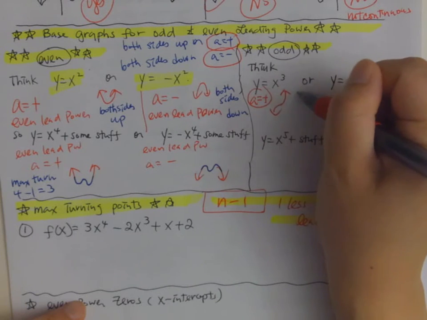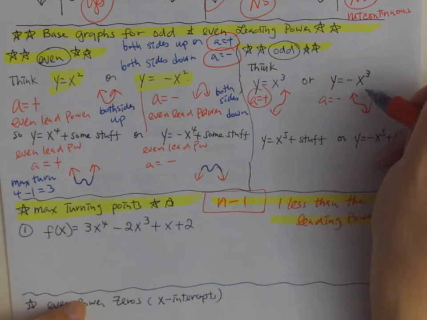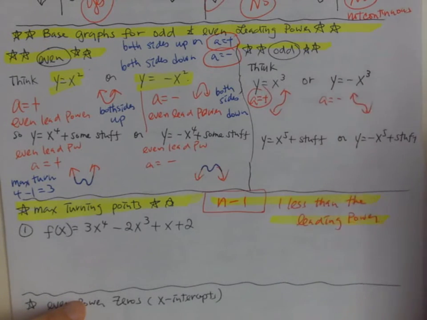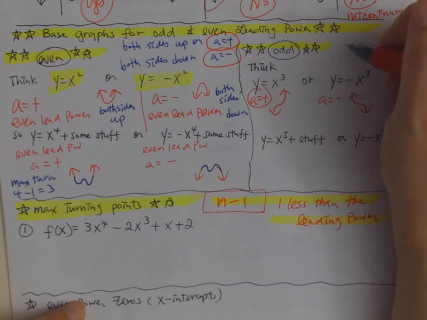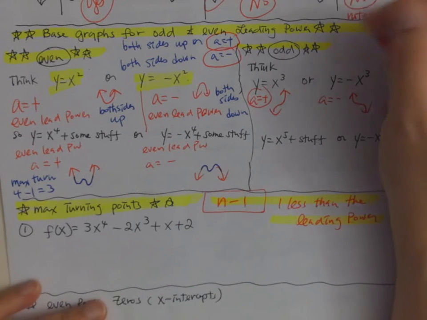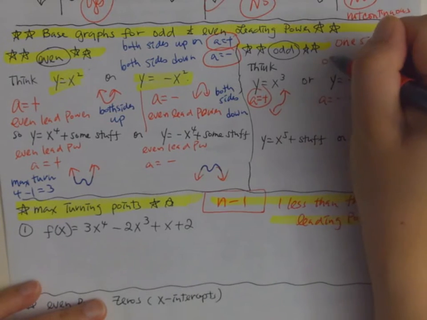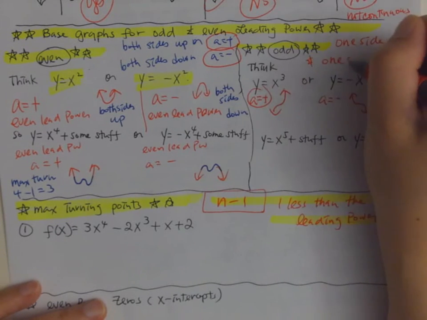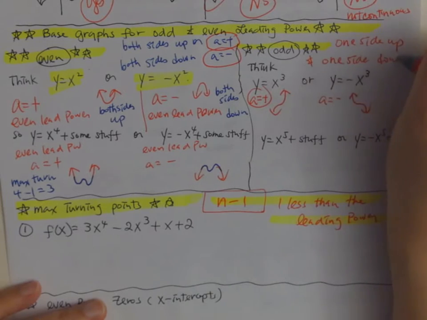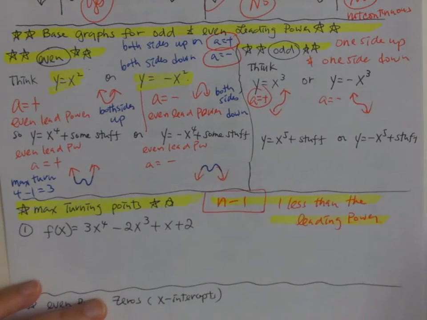This is both x and y positive, right? Left side down. If A is negative, you flip. So when you have odd leading power, it's going to be one side up and one side down, depending on your A value.